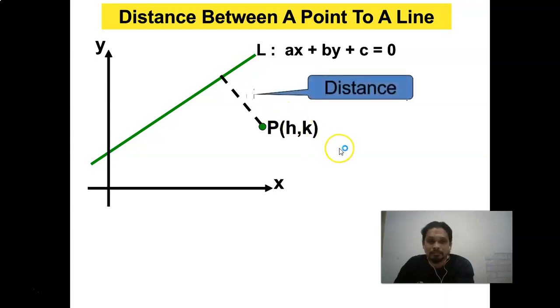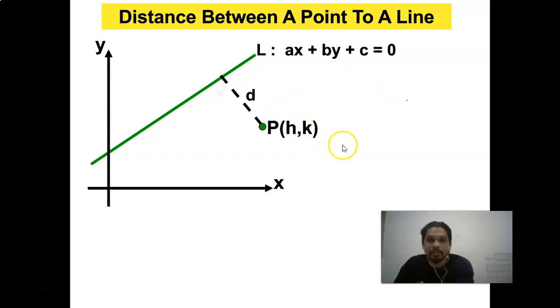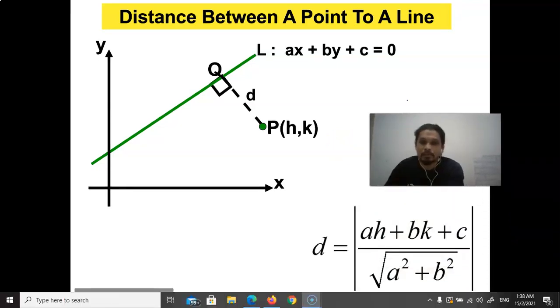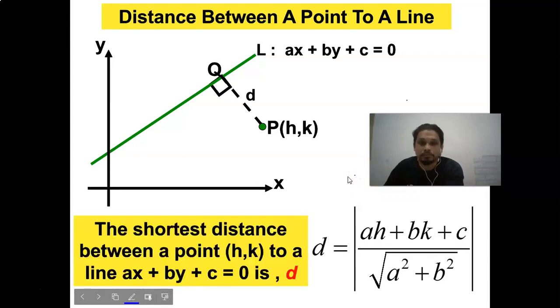So then the distance of this equal to D, according to the formula here. Make sure that this straight line is in the form of ax plus by plus c equal to 0. If the question gave you in the form of y equal to mx plus c, change everything into this form where x and y are on the same side, equal to 0.